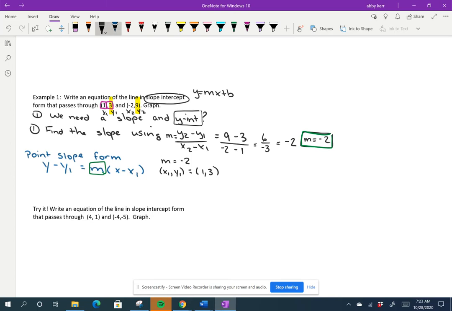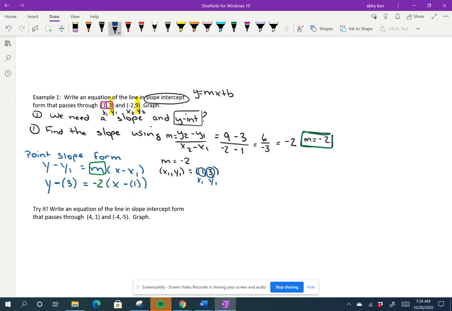So now we want to plug in that information. The y stays, minus our y1. I'm going to put it in parentheses. Our m, which we just found to be negative 2, parentheses, x minus our x1, which is 1.